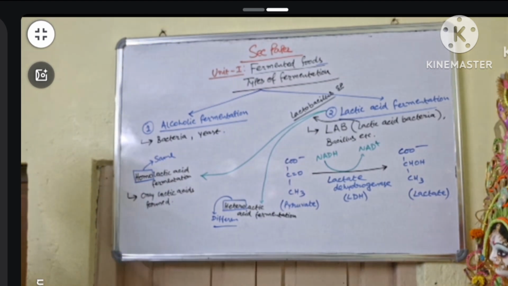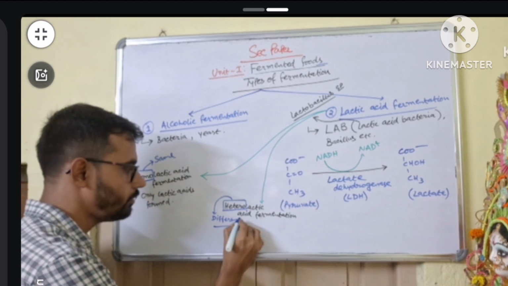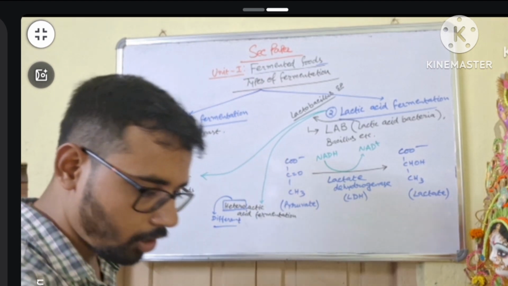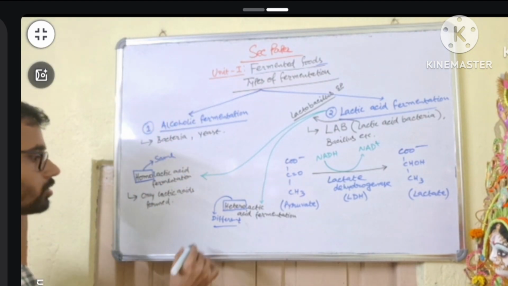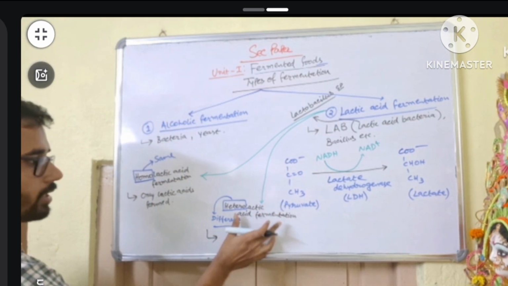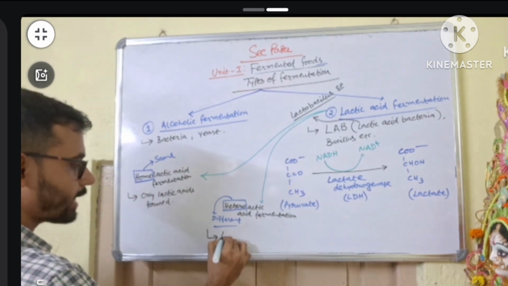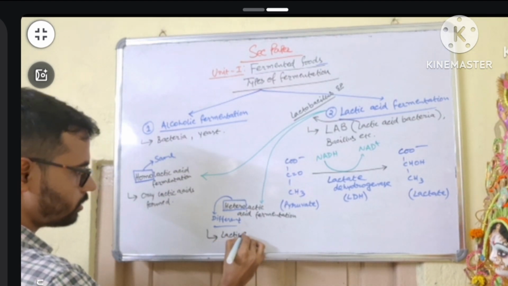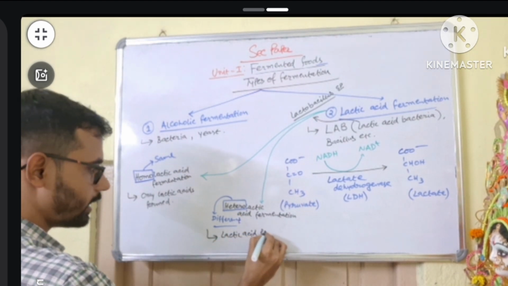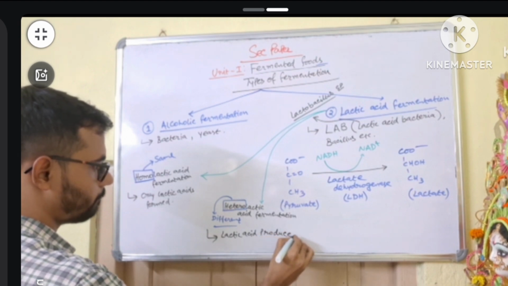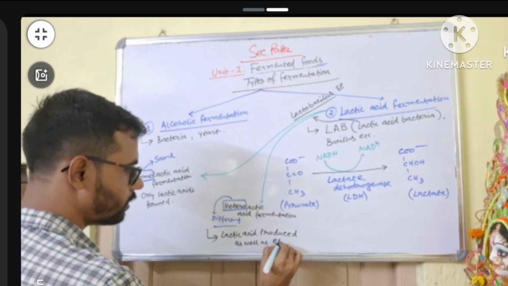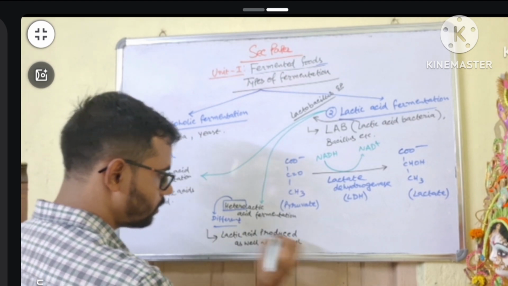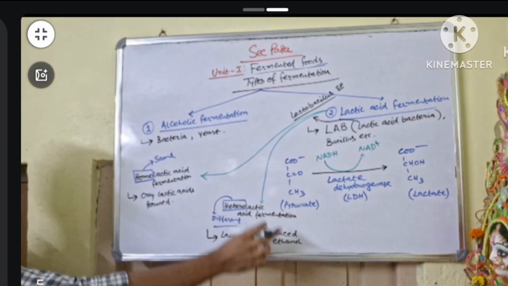But in the case of hetero, it is different. That means not only lactic acid, but alcohols are also generated. In heterolactic acid fermentation, lactic acid is produced as well as ethanol, which is the actual product of alcoholic fermentation.